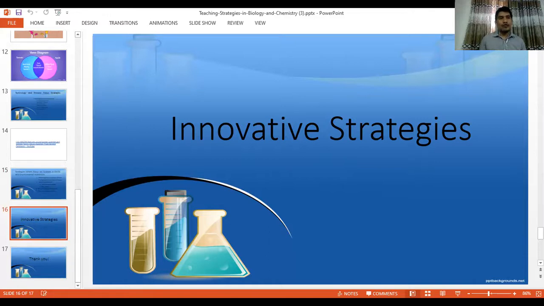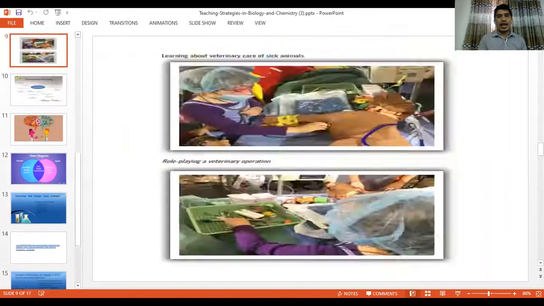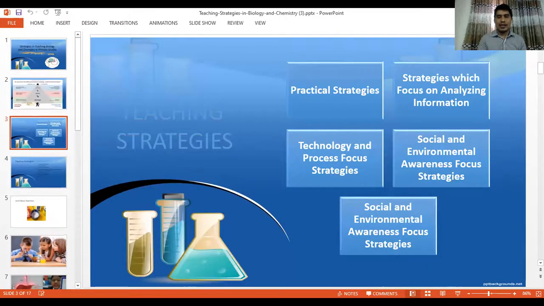You can select from the list of innovative strategies in your module and come up with a method containing those strategies in order to arrive at your destination, which is your learning outcome or learning aim.